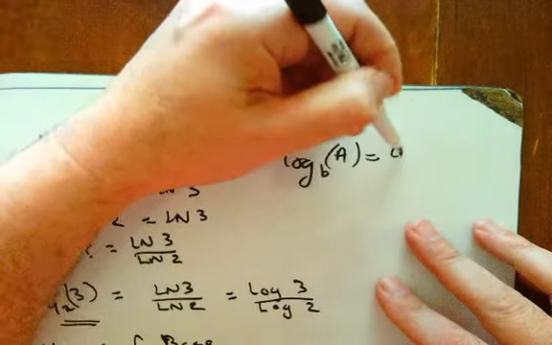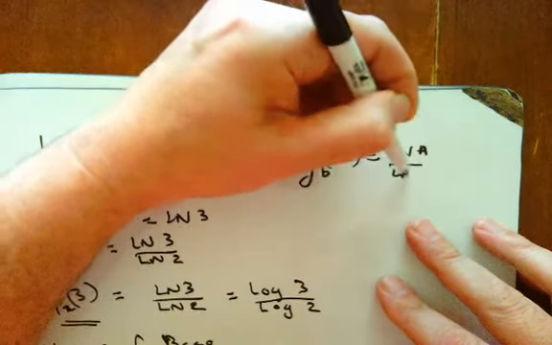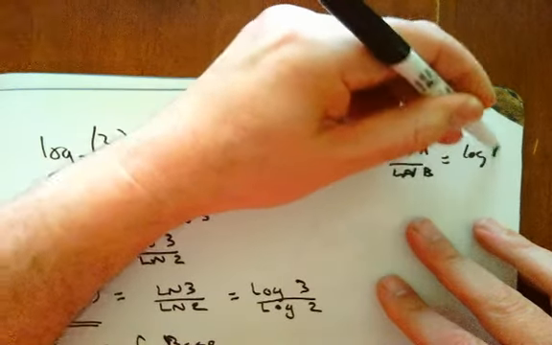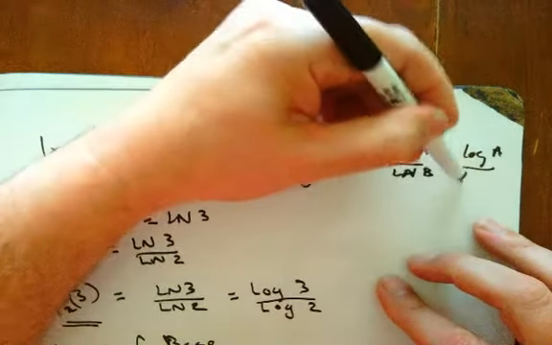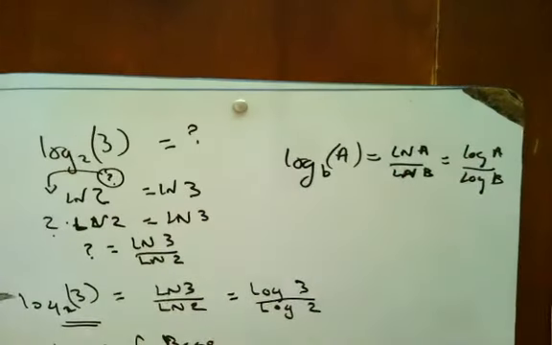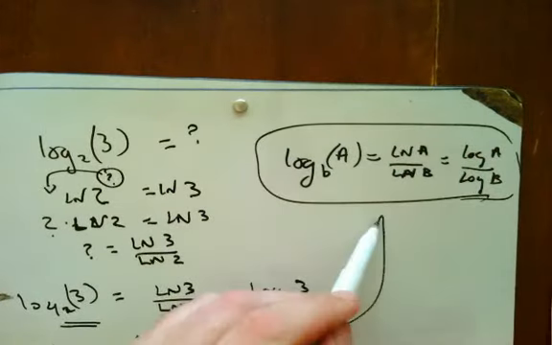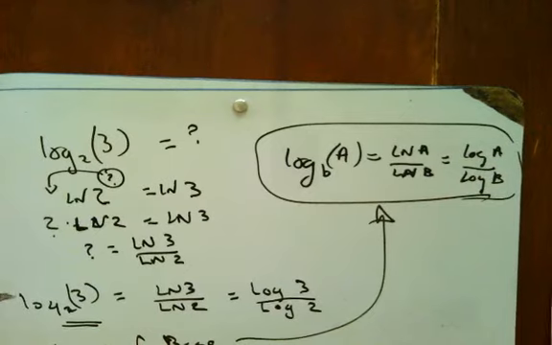In fact, I didn't have to take the ln of both sides of the equation back up here. I could have taken the log of both sides and written log of 3 over log of 2. So I don't expect you to go through this process when you need to use the change of base formula.